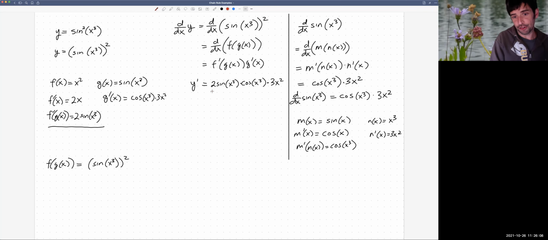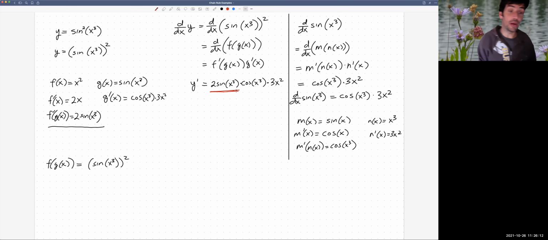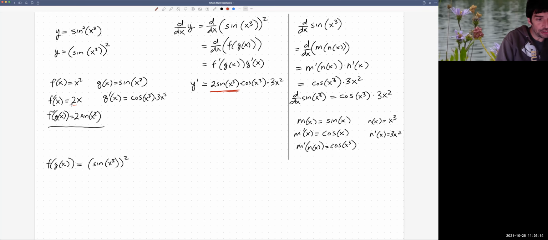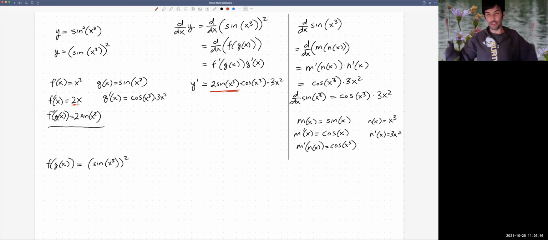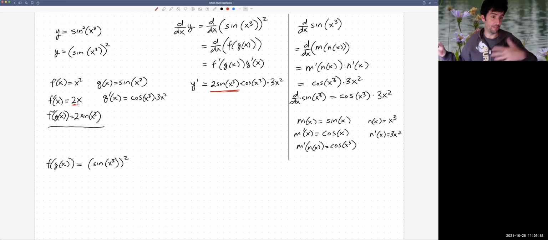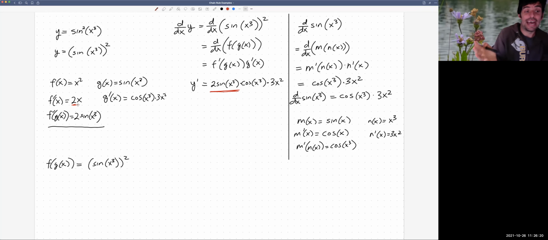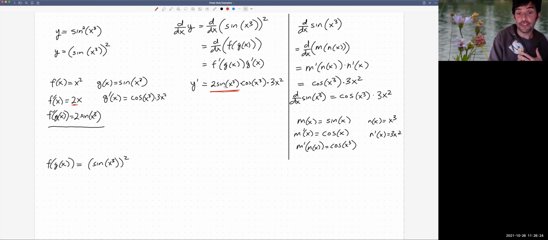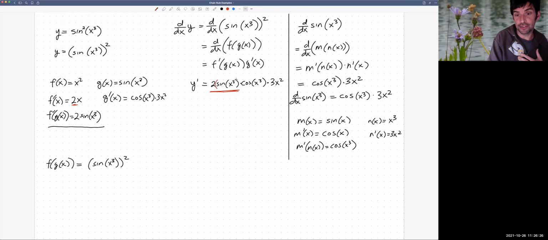So what do we have first? This is our derivative of the squaring function, right? We pull a 2 down. So that's like the derivative of the outside function, the squaring function, 2 down times x, but instead of x, it's whatever was inside. And so we have 2 times sine of x cubed.